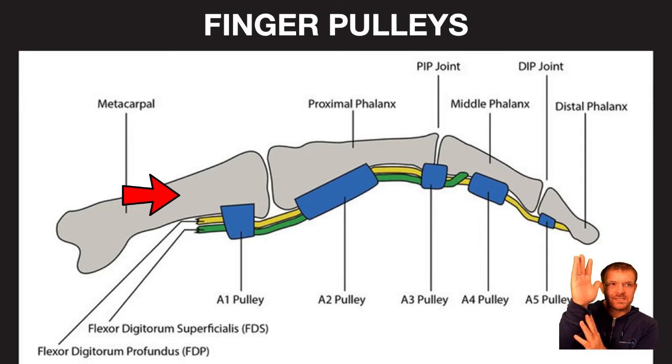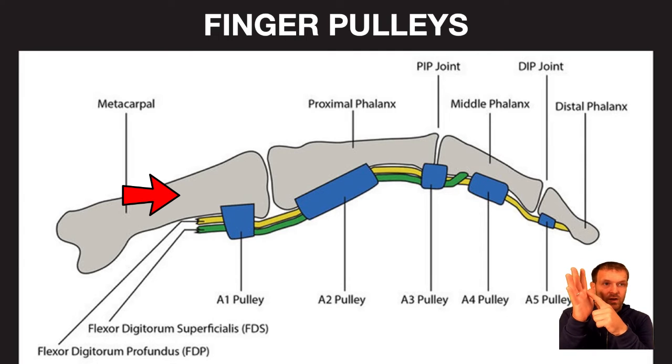What happens is the muscles from your forearm travel up and go underneath these pulleys, and we're going to have a look at the picture of them in a second. They go underneath that first pulley, and then there's another one in the proximal phalange just here, so that's the A2. Then there's another one on the joint, the A3, then the A4 in the middle, and then the A5 right on the end on that distal phalanx.